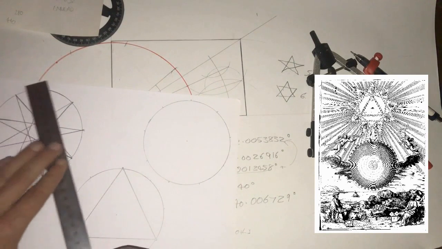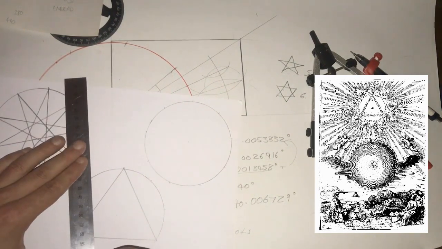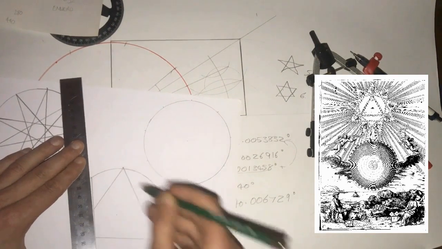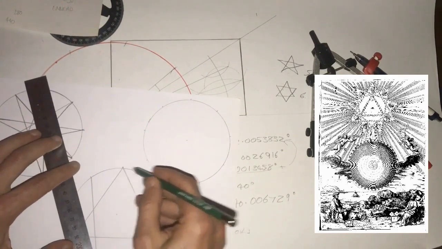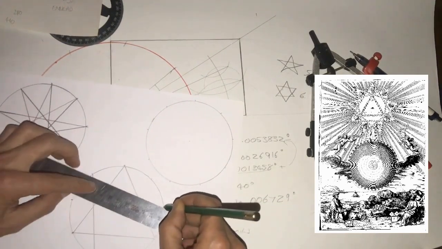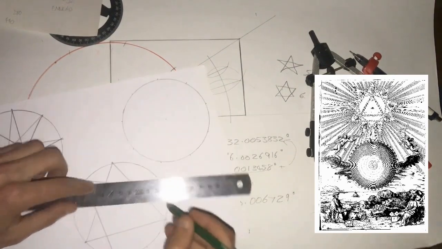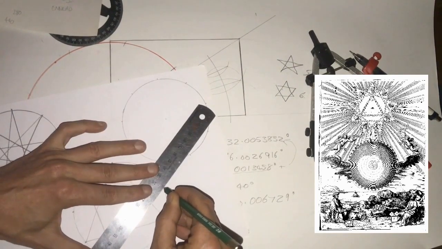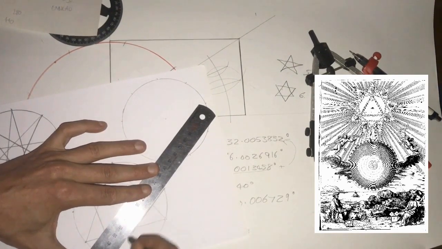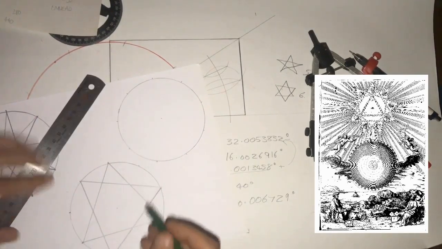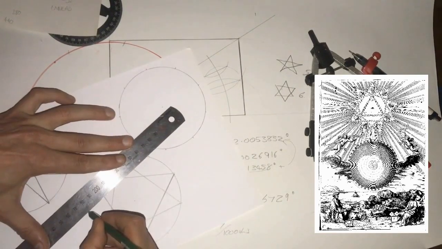If I repeat the same again, let's get 1, 2, and this over here, now we have another equilateral triangle, and then with the 3 remaining, we have a third equilateral triangle.